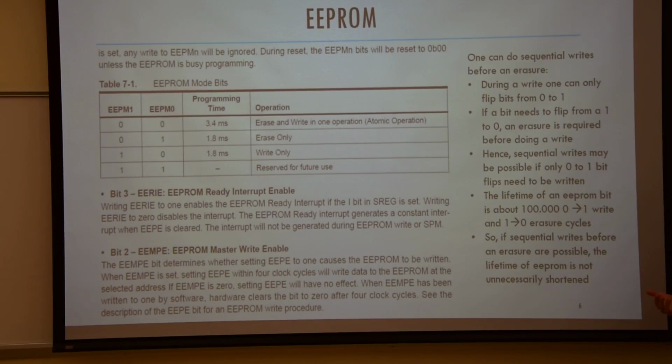But there are some interesting ways of making use of this, to make optimal use of the endurance of your EEPROM by using some kind of coding techniques. So the lifetime is about 100,000 0 to 1 write and 1 to 0 erasure cycles. And sequential writes before an erasure are definitely possible, and the lifetime is then not unnecessarily shortened. It's really about those erasures that will kill you, or that will stop the EEPROM at some point.